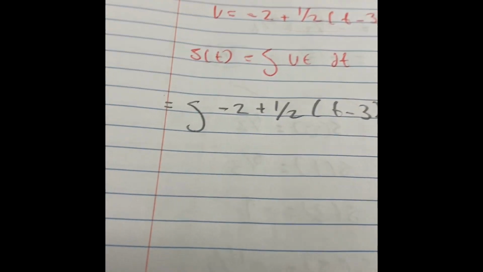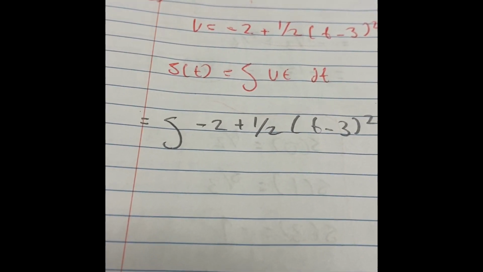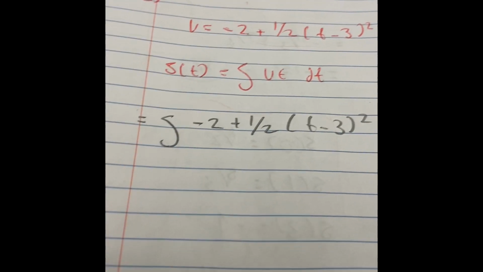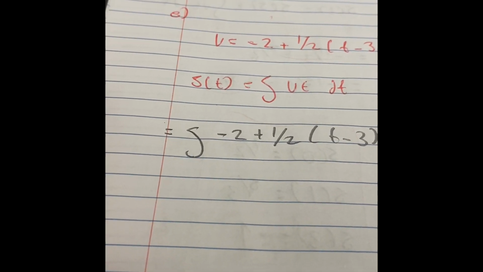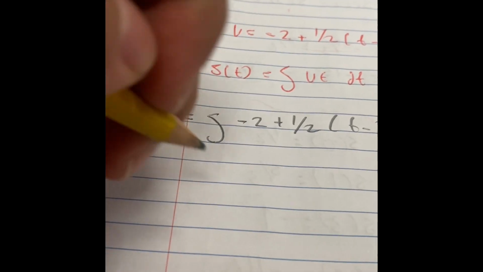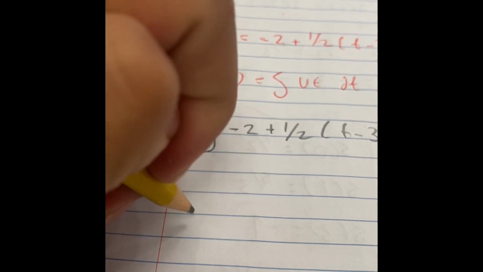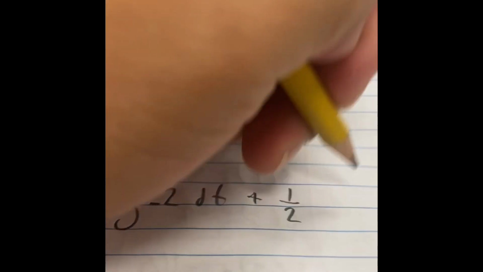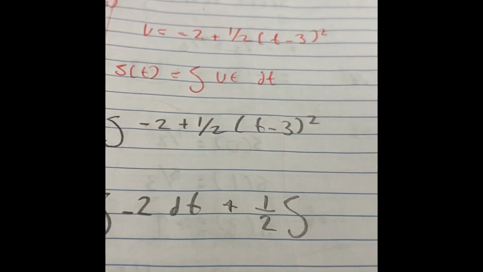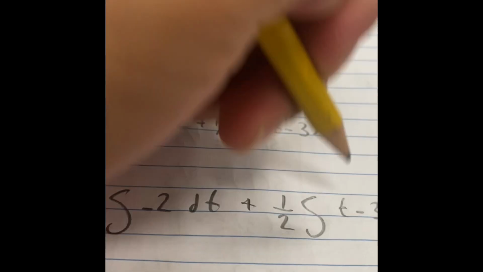In order to make it easier to solve, we're going to split this integral into two. First we're going to have the antiderivative of -2 dt plus 1/2 times the antiderivative of (t minus 3) squared dt.